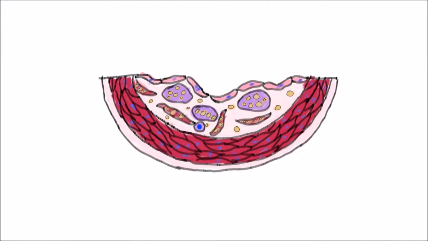Now we will discuss how these macrophages engulf the lipids. Now, certain fatty acids and lipids have entered the intimal layer due to the increased permeability of the endothelium. Now this lipid is taken up by the macrophages and the smooth muscle cells.